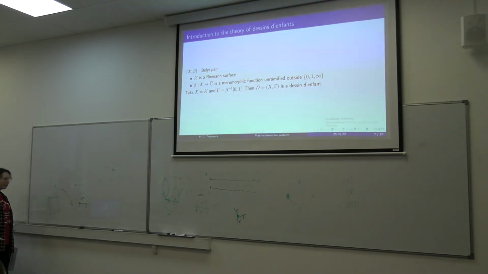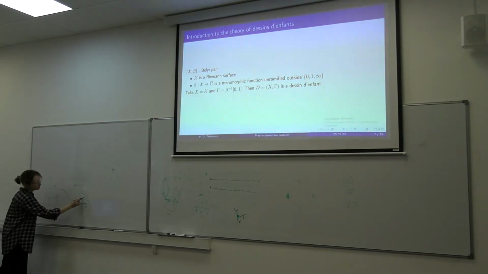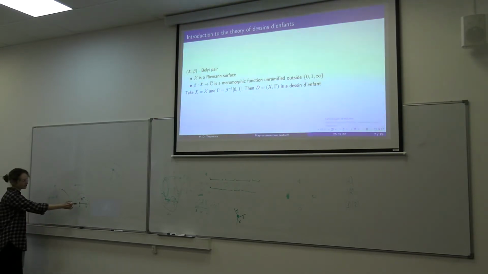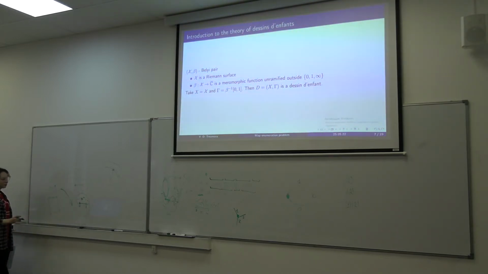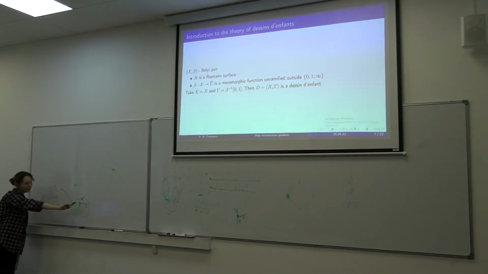It is unramified outside these points 0, 1, and infinity. So black vertices are preimages of 0, and white vertices are preimages of 1. And each face has a center, which is a pole. It is the preimages of infinity.